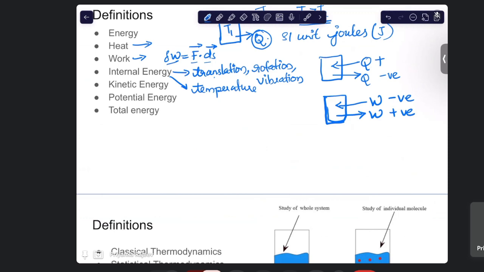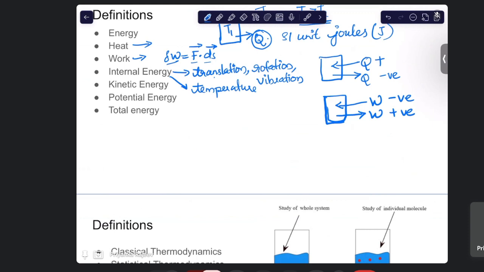So 0 Kelvin is called absolute zero. That is the temperature at which, by definition, all matter will possess no molecular motion. It is absolute standstill.